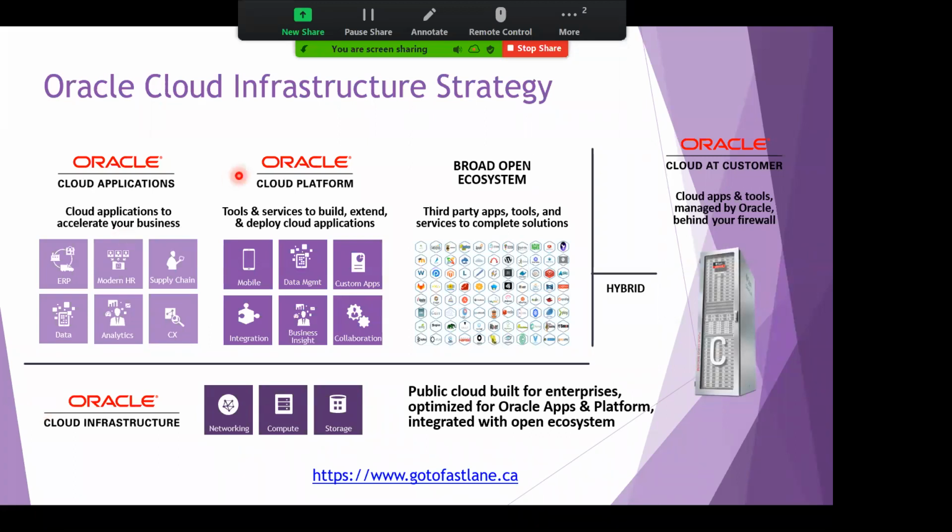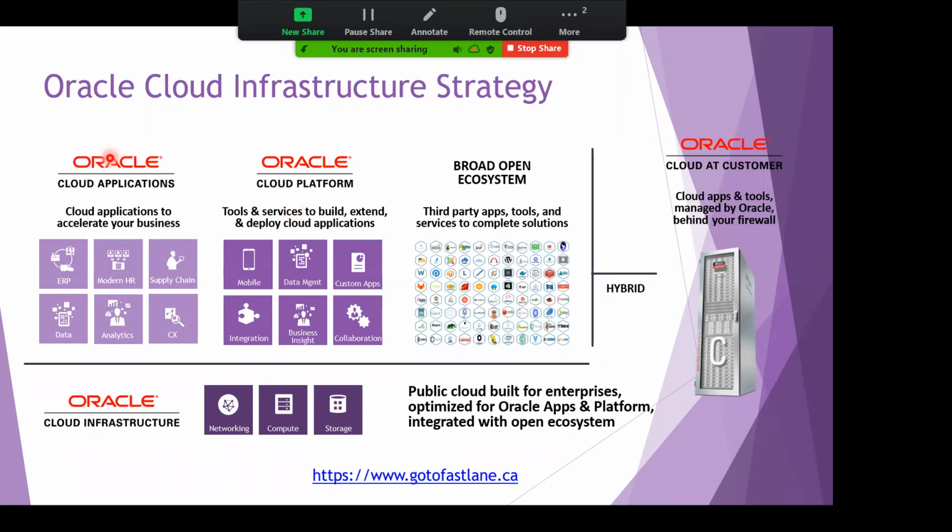If you as a customer want to buy that, you can also buy this service, which is Oracle's cloud platform, which provides you tools and technologies to build and extend your applications, right? It could be your mobile applications, data analytics, we talked about BI last time, integration services, security services, collaboration tools. They're all part of your PaaS layer, right?